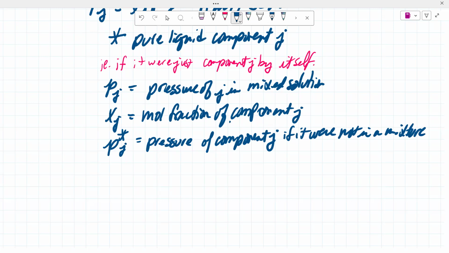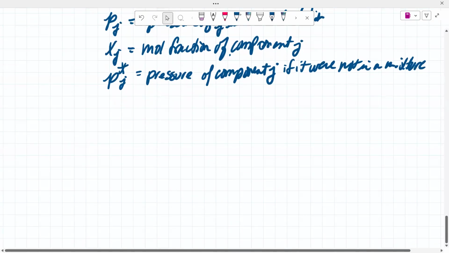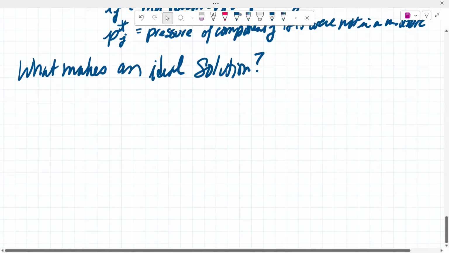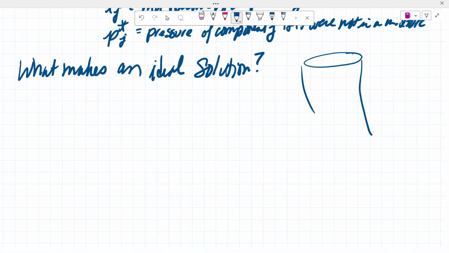All right, great. What makes an ideal solution? Let's take a look. Let me draw a beaker over here. It's kind of like my pistons, but it's not a piston. So now it's a beaker. There you go.